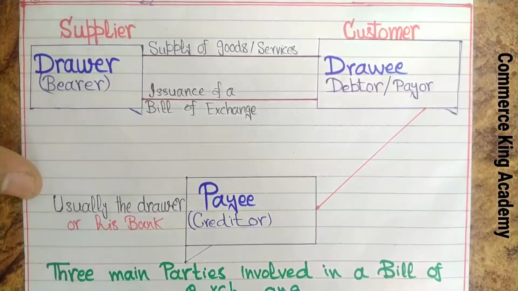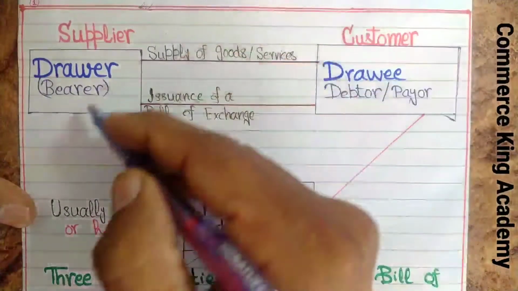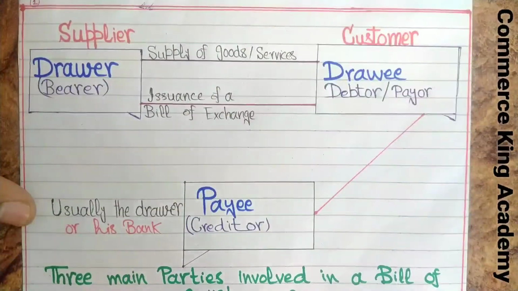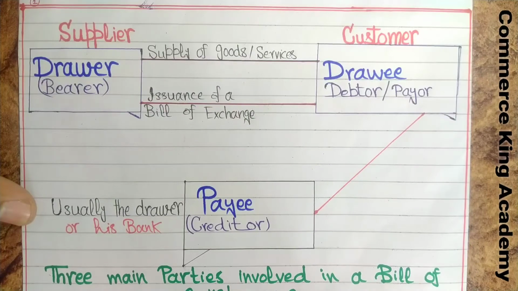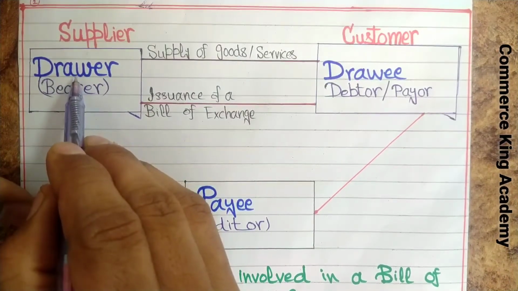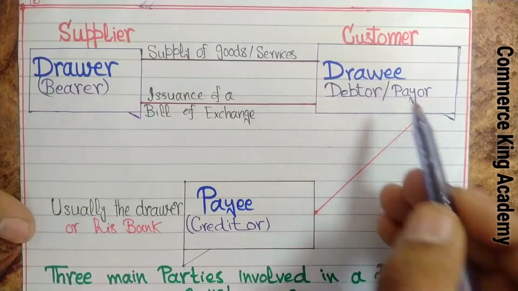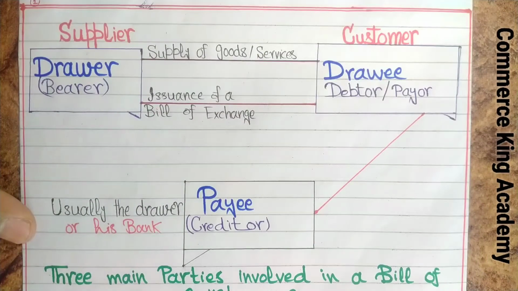You can see here next, this is the format or structure of parties. Three main parties are involved in a bill of exchange. First is the drawer, which we have already discussed. Second is the drawee, and third one is the payee.